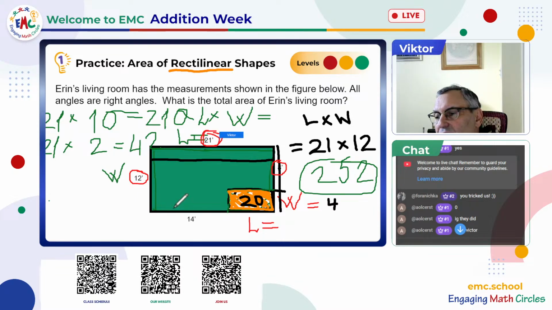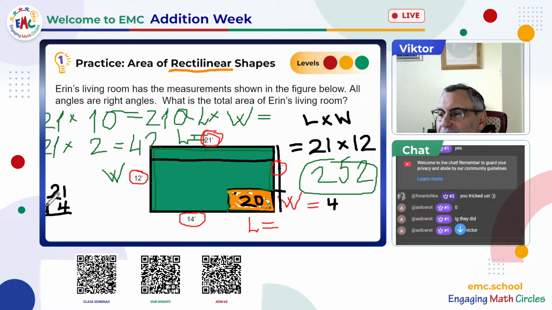Okay. And now what about across? 21 and 14. So what is the length equal to? What do we need to add to 14 to get to 21, which is the total? Me, I would subtract.